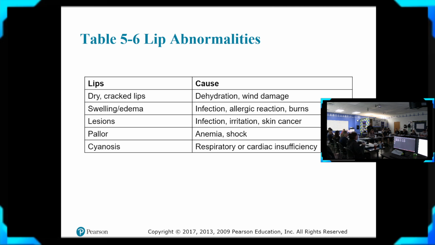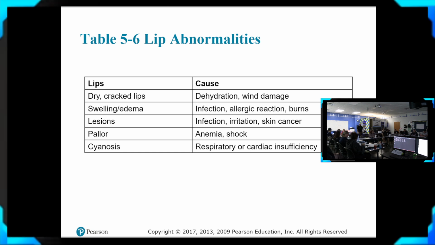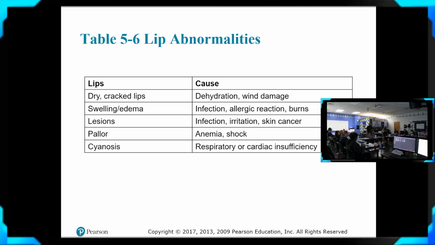You have this chart on page... You're in chapter 7, I believe, right?